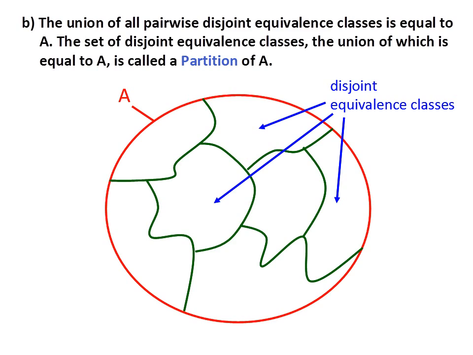All elements inside a given equivalence class are equivalent to each other in the sense of being related through R to each other. And no element is equivalent to any element of a disjoint equivalence class.